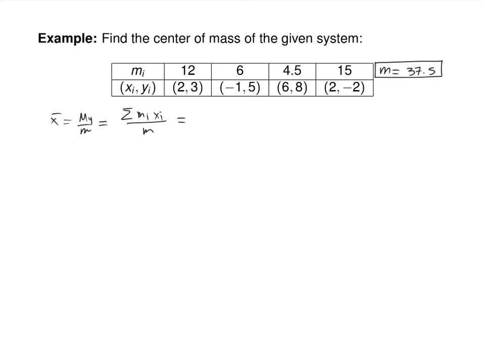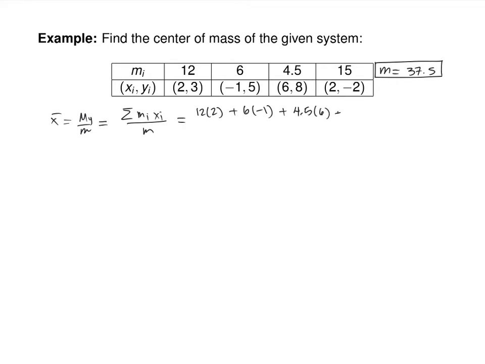So take mass 1 times its x coordinate. So mass 1 is 12, its x coordinate is 2. Mass 2 is 6, its x coordinate is -1, right? Is that okay? What's mass 3? 4.5, and its x coordinate is 6.